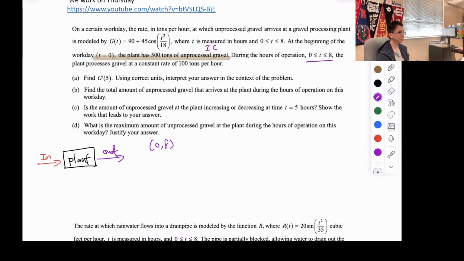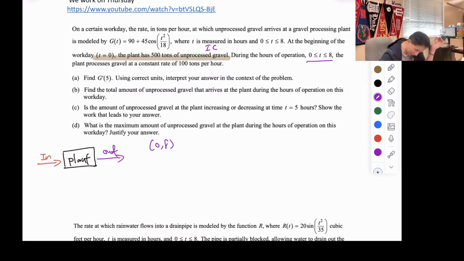Did I miss you here? I've never done this problem before. But look at it, the units tell you everything too.